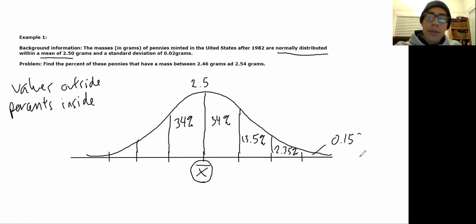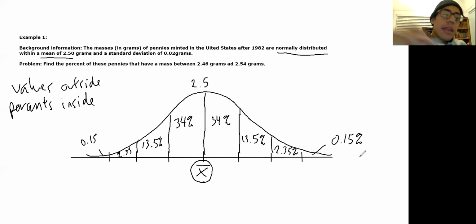If you go online and you find some more accurate ones, there could be some slight variation between them. I chose these percentages because they're a little easier. In case you can't tell what my writing is, that's 2.35 and it's the same on both sides. 0.15% is less than 1%, okay? So those percentages will never change. The values will change with every problem though, so be careful. Those things are going to change, right?